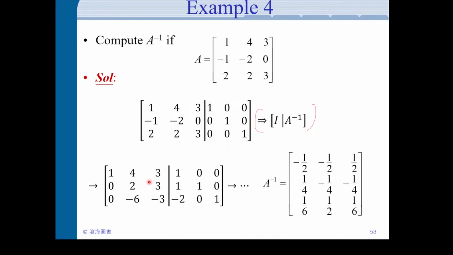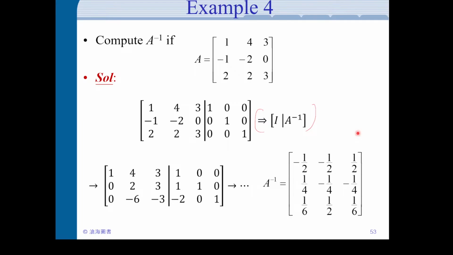Then we skip all the middle steps. You eliminate this and make all those 1, eliminate 2, eliminate 1, eliminate this 1, and in the end you get A minus 1 equal to this matrix. So that's the idea of using row operations to calculate your A minus 1.